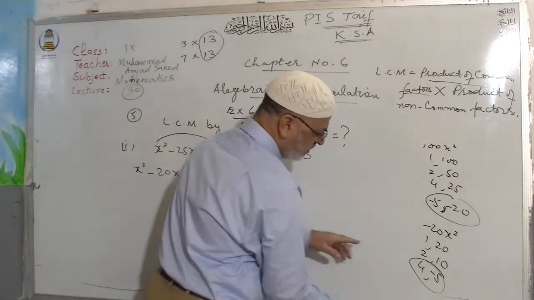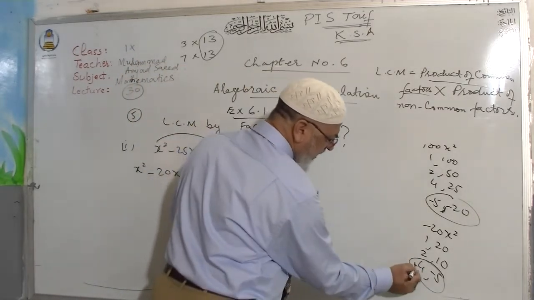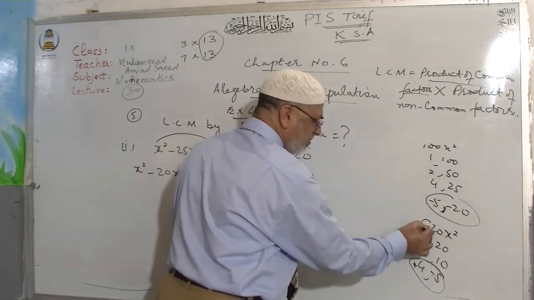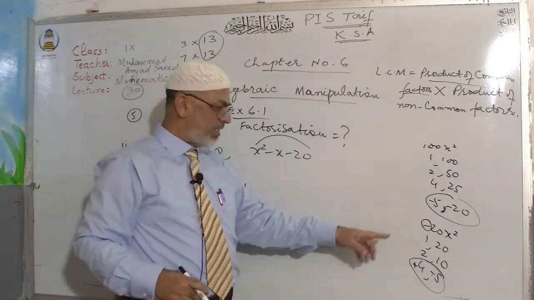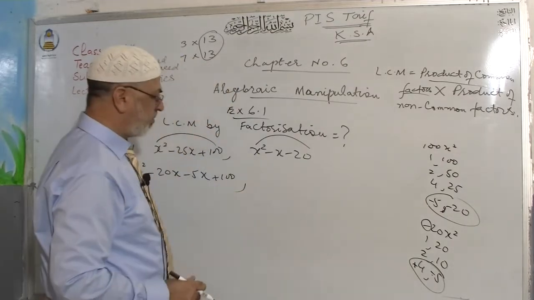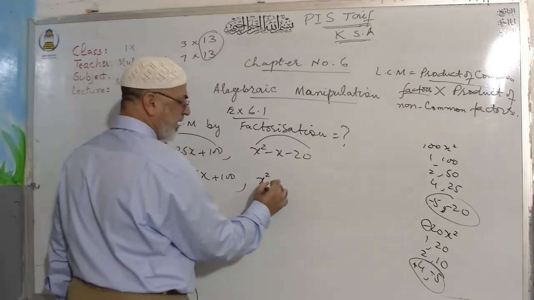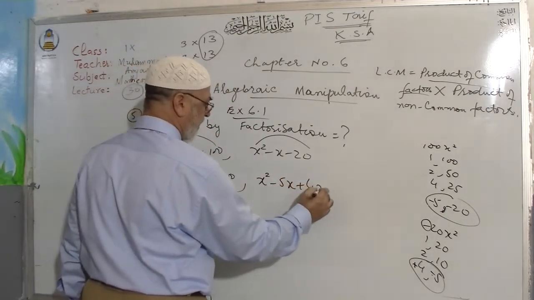So the smaller component will have plus, because plus minus you are getting minus. Multiplying you are getting minus 20, adding and subtracting you are getting minus 1. So x square minus 5x plus 4x minus 20.